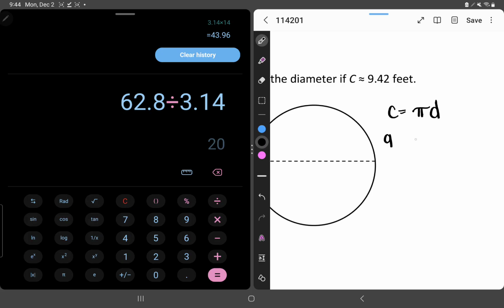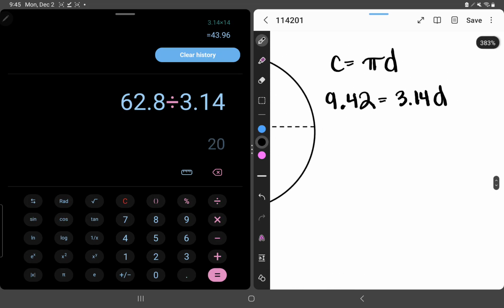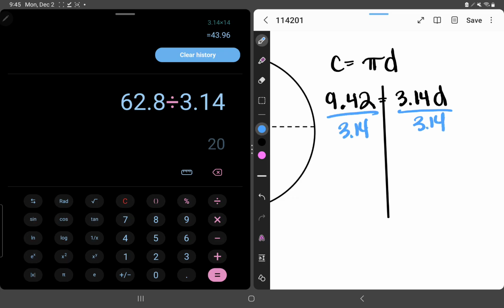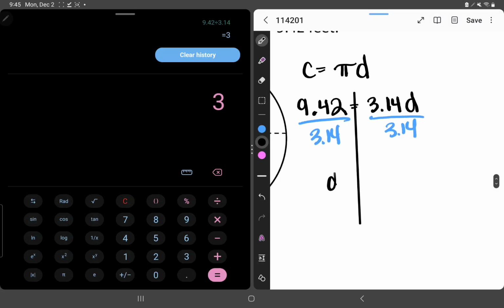You should have said that C is 9.42, so where C goes, we put in 9.42, equals 3.14 times diameter. All right, what do I do now? Okay, so I'm going to divide both sides by 3.14, and 9.42 divided by 3.14 is going to give me 3. So my diameter equals 3.